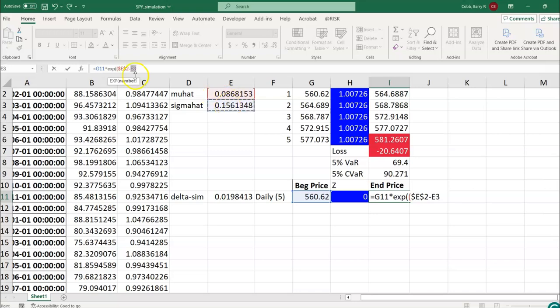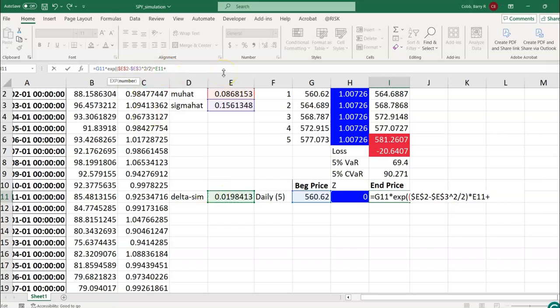And then we have minus sigma hat squared divided by 2. And then that closes the first set of parentheses, and then we multiply that by the delta for the simulation.